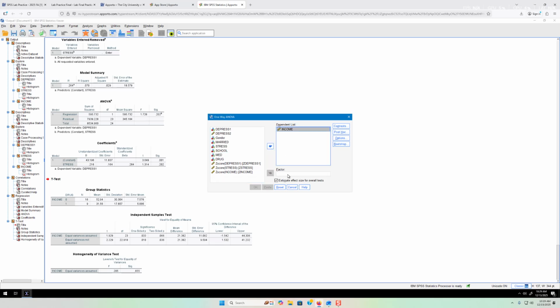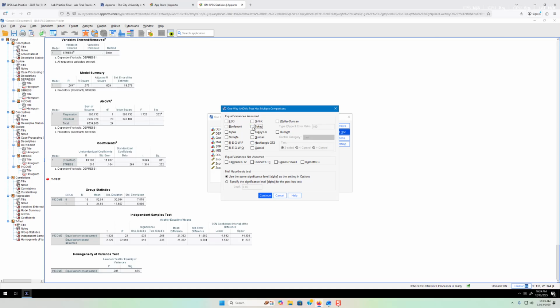And the factor is the independent variable, so therefore that's going to be schooling. We don't need effect size for this. We're going to also check off post hoc Tukey. Just in case, if our ANOVA is significant, we're going to look at the Tukey test. So just check it off just to have it so you don't have to go back and do it again.